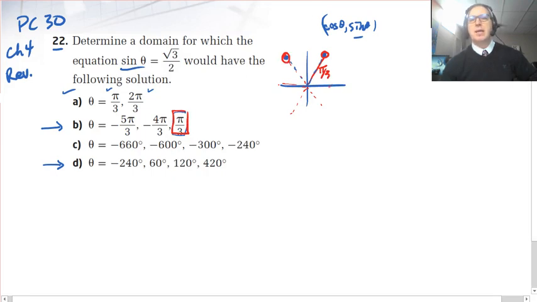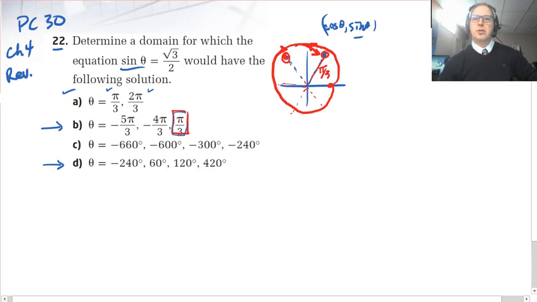So the domain, it doesn't start at 0. It obviously has to go to here, to positive pi over 2. But it also has to extend back to here, at least. And negative 5 pi over 3 actually is what? Is this one again. Okay?